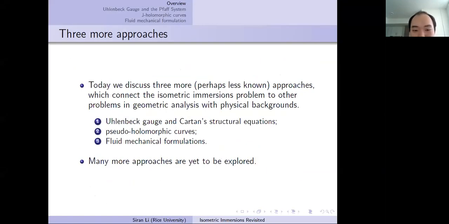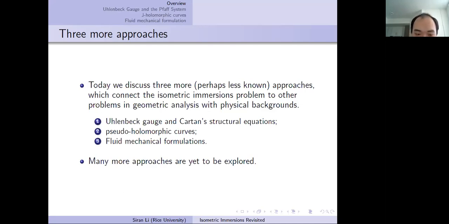So today I want to discuss three more, and perhaps less known, approaches, which have a similar flavor in that they connect the isometric immersions problem to other problems in geometric analysis, and those problems have certain backgrounds in physics. The three approaches I want to mention are, one, Uhlenbeck's theorem on Coulomb gauge and its relation with Cartan's second structural equation.